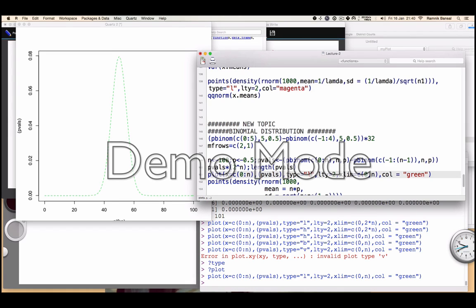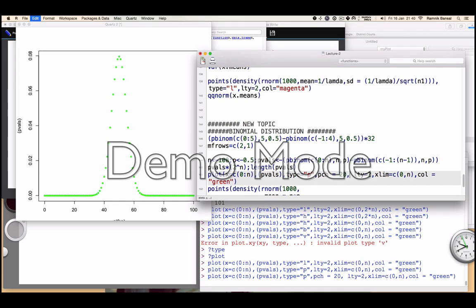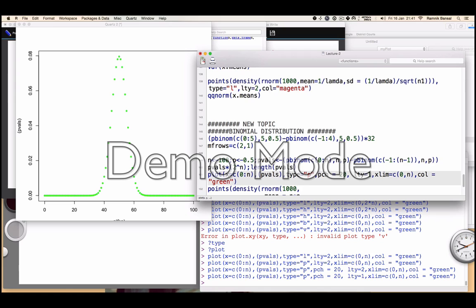So rather, maybe let's do a point, and then let's make this pch is equal to 20, right? Really small ones. Yeah, so we get these points. All right, so this is what we're getting for the binomial.